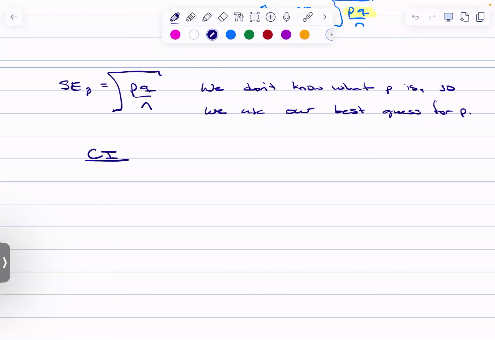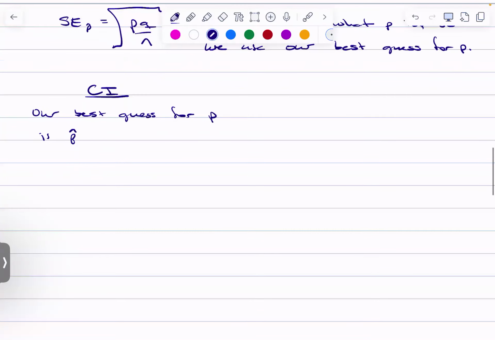So for a confidence interval, our best guess for p is p hat, the sample proportion. Then the standard error of p hat is the square root of p hat q hat over n. Any guesses on what q hat could be? 1 minus p hat.